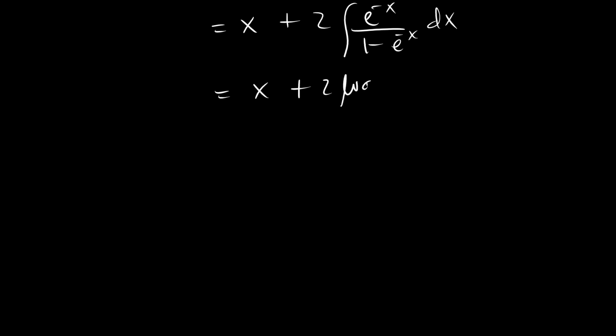So since we have our problem as follows, this is the same as x plus twice the natural logarithm of 1 minus e to the negative x plus the integration constant.